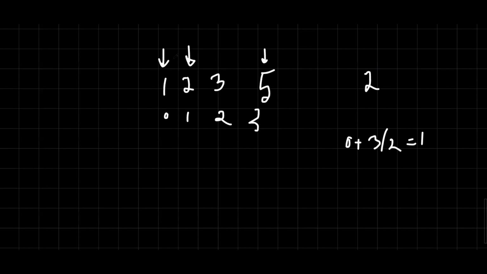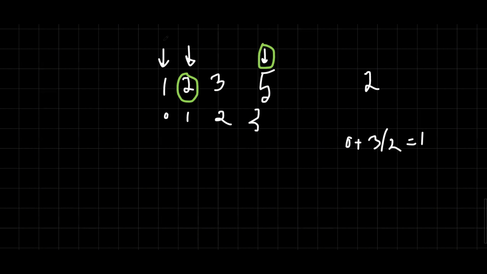Now we have to check whether the value 2 is greater than or less than the mid value. Here, the value present at mid is 3. So here, the value 2 is less than the mid. So here we have to shift our last pointer to mid minus 1.